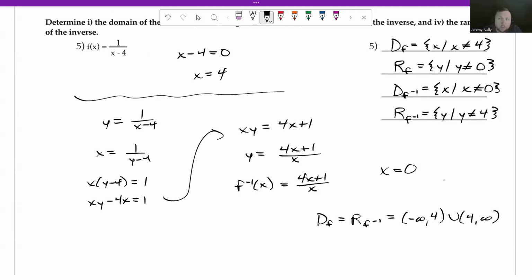Now, it's still true if you're representing them in terms of x and y, because in set builder notation, technically the variables are just dummy variables anyways, because they're just representing a set of numbers.